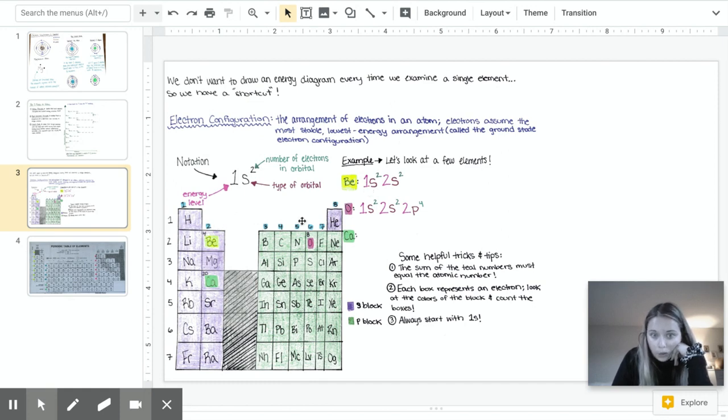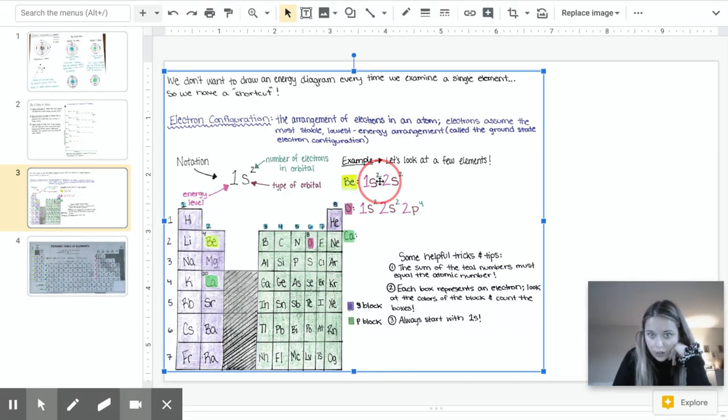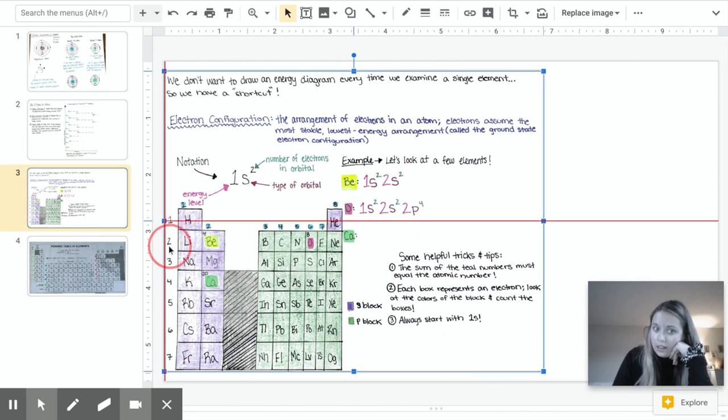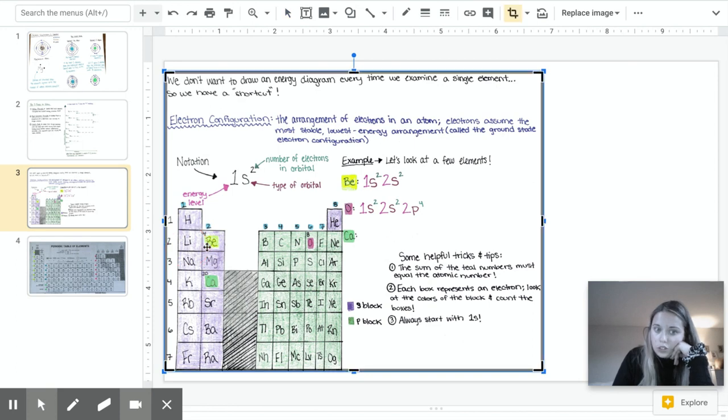We're in purple, so we know that we're only in our s orbital. We have 1, 2, so that's where we get this 2 from. Now we need to go until we get to beryllium. So we move down to the second energy level, and we count 1, 2. We're still in purple, so we get 2s2.